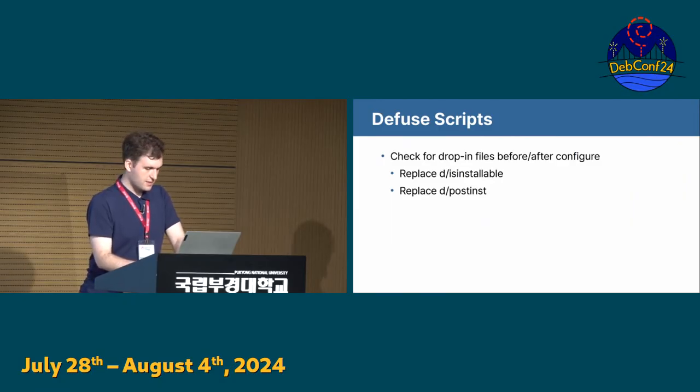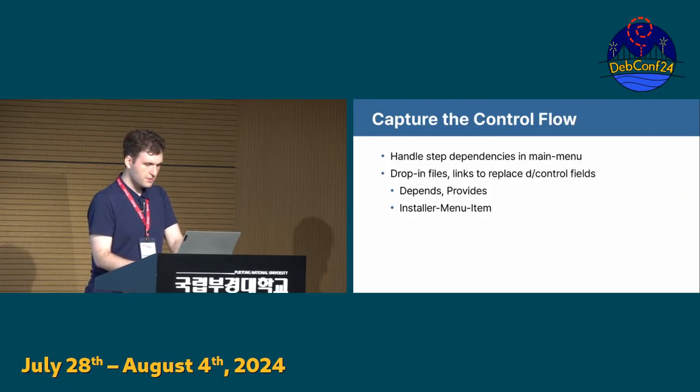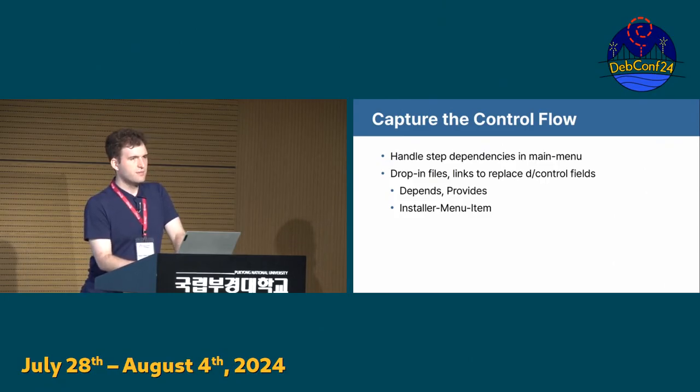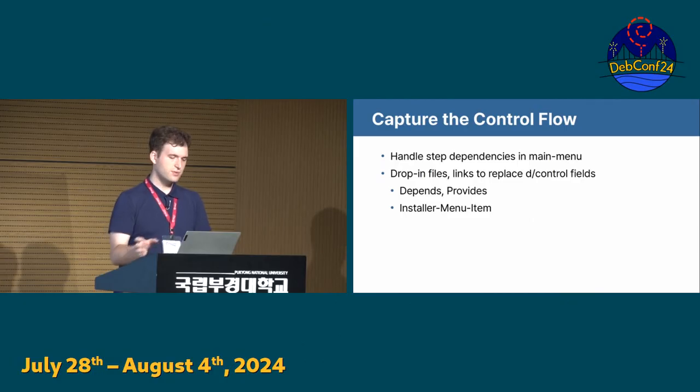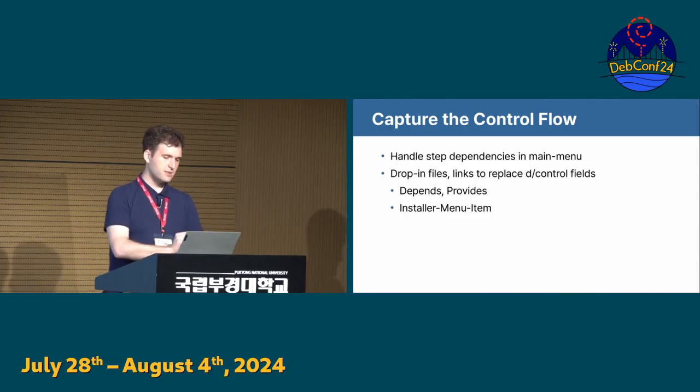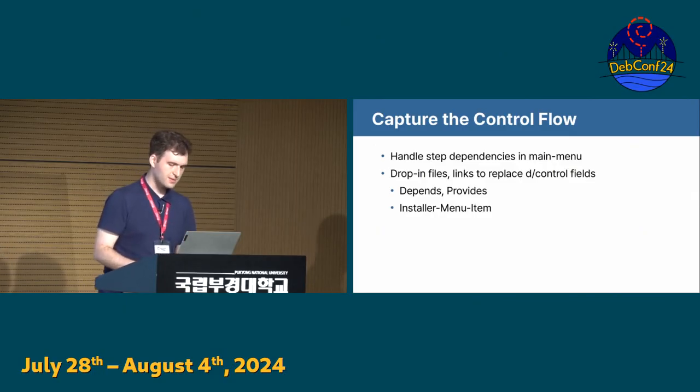After that, we can also handle the step dependencies in main menu. We need some way of transferring the information from the Debian control file into the main menu system, which can again be some drop-in files for main menu to parse instead of control fields that Anna needs to handle.